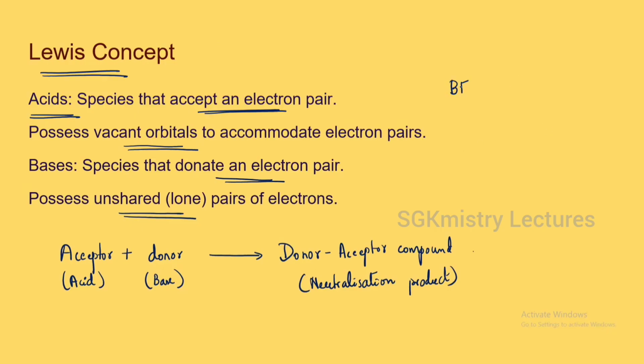Right. So we can take a few examples to understand this better. Suppose we have BF3 and you're going to treat it with NH3. It is very clear that nitrogen in ammonia has a lone pair of electrons, which it can donate to BF3, especially to the boron that is present here.